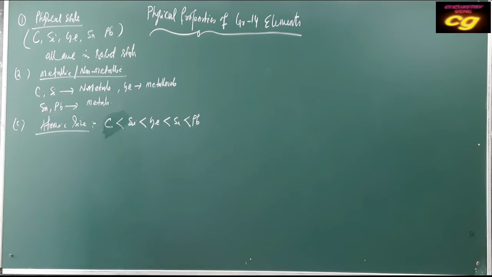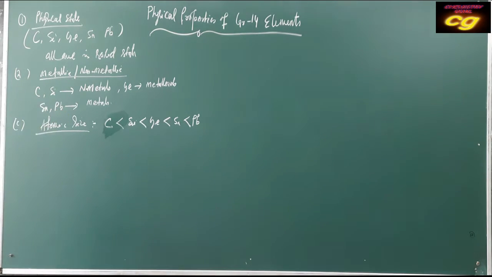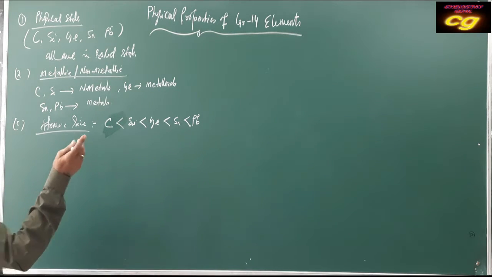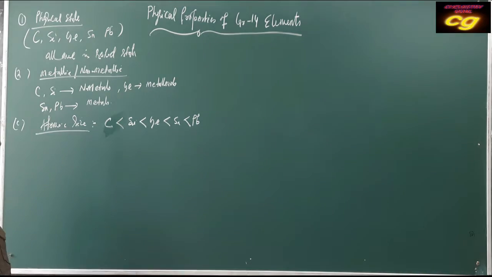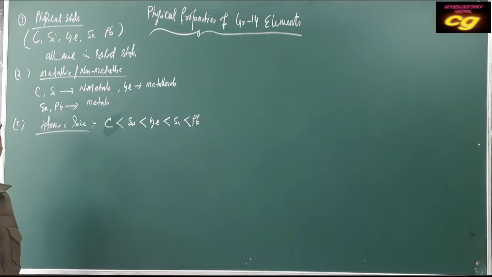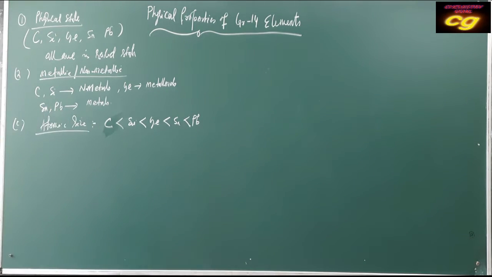But the size difference between the last two, tin and lead, is very small, while the carbon-silicon size difference is much more. So this is the atomic size order. Why does size increase? Due to decreasing effective nuclear charge and increasing screening effect from carbon to lead. So this is the concept of increasing atomic size.